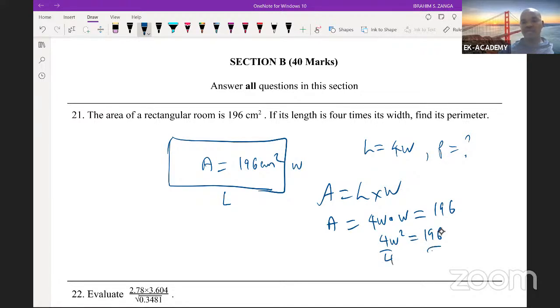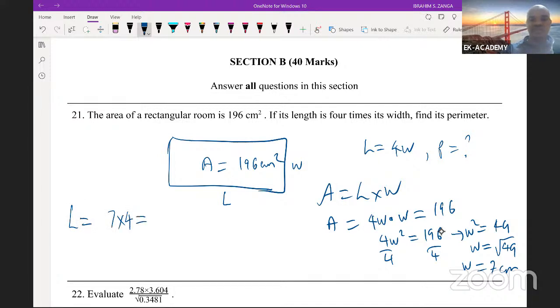You are going to divide by 4. W square will be 196 divided by 4. You get 49. So W will be square root of 49. Width is 7 centimeter. So the length of the rectangle will be 7 times 4, which is 28 centimeter.